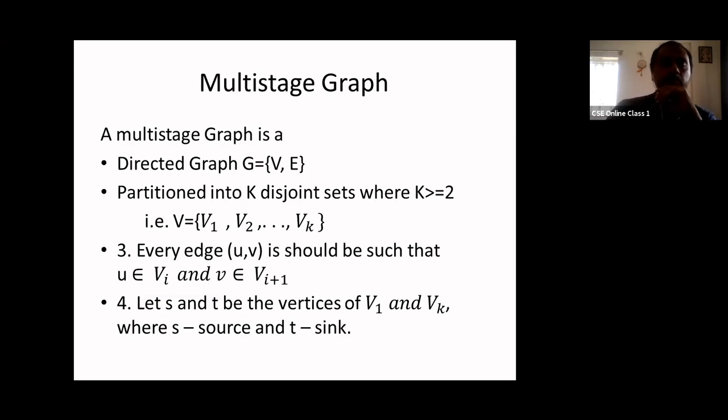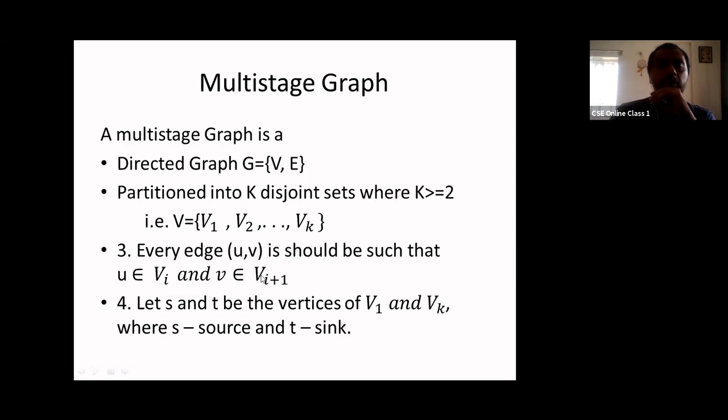Here, one more condition we have is that whenever you have an edge, it should originate from a vertex of the previous stage, and it should end at a vertex of the next stage. So every edge UV should be such that U belongs to Vi and V belongs to the next stage, Vi plus 1.